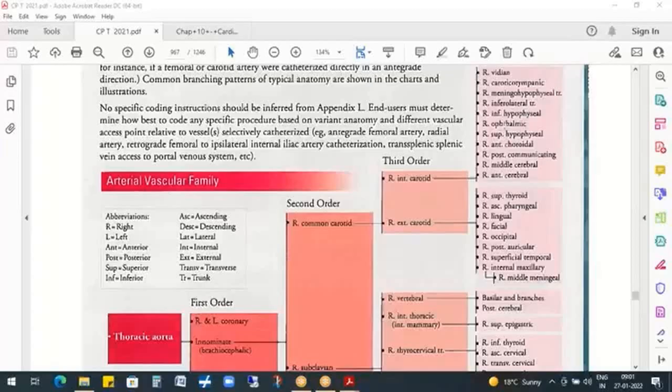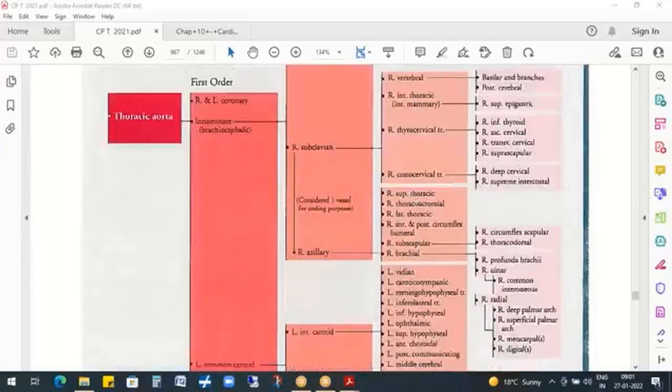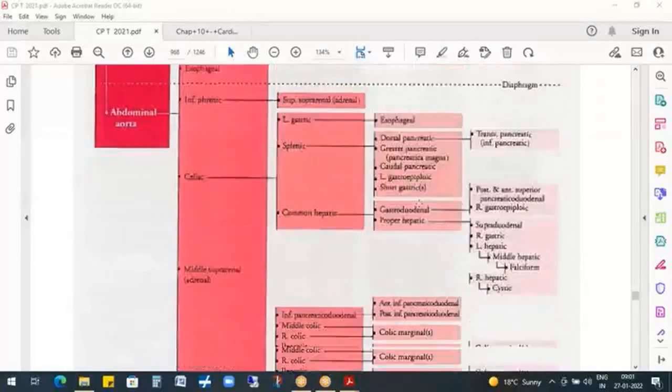If it is in first order, 36215. If it is in second order, 36216. If it is in third order, 36217. Last point, if it is beyond the third order, code from 36217, 218.